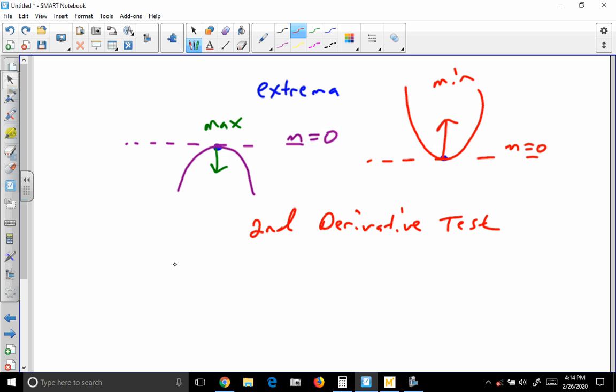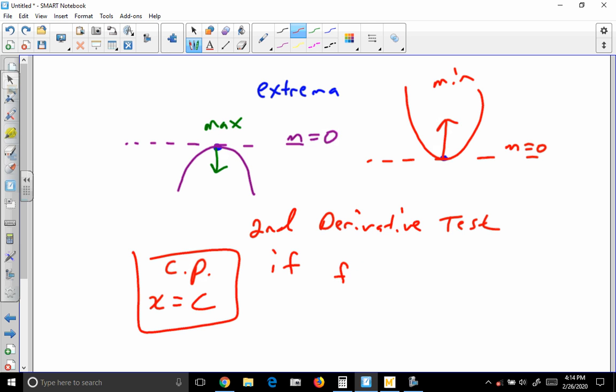So if we have a critical point, let's call the critical point x equals c. If we plug that value into the second derivative and we get something that's greater than 0, so a positive number, then remember what the second derivative tells us.